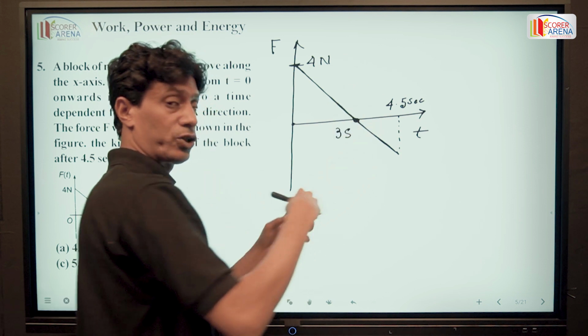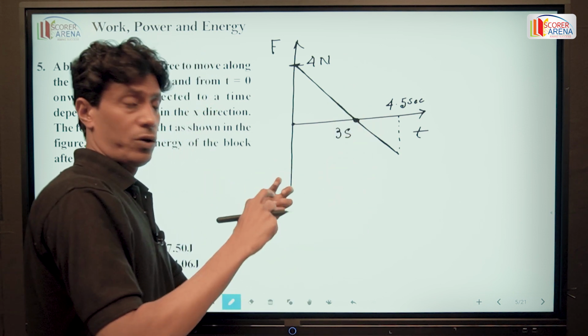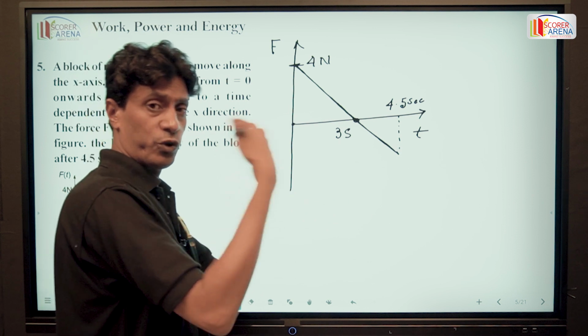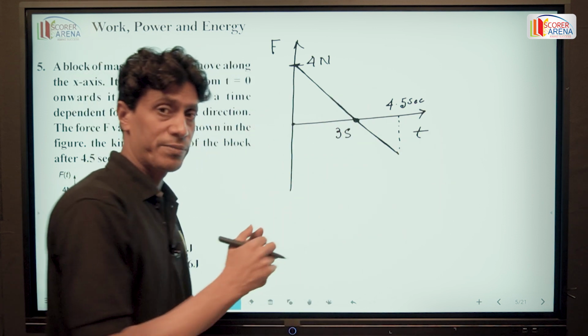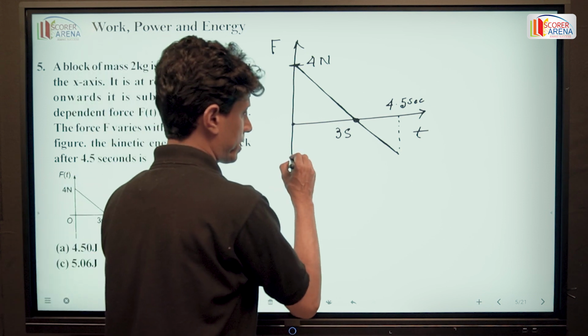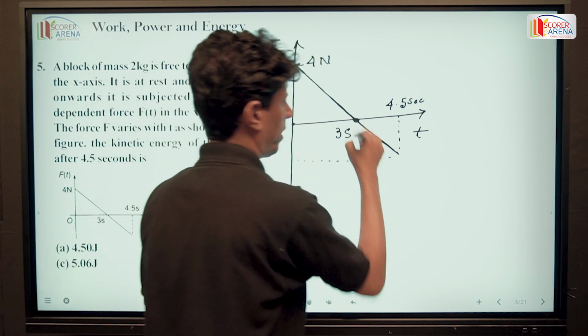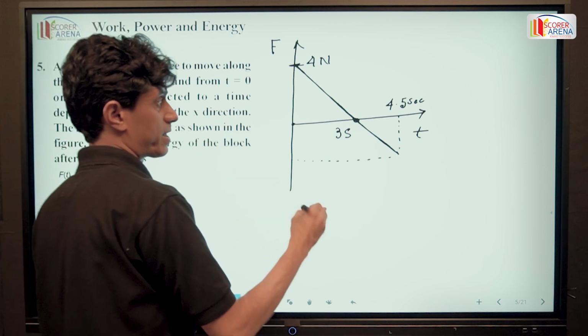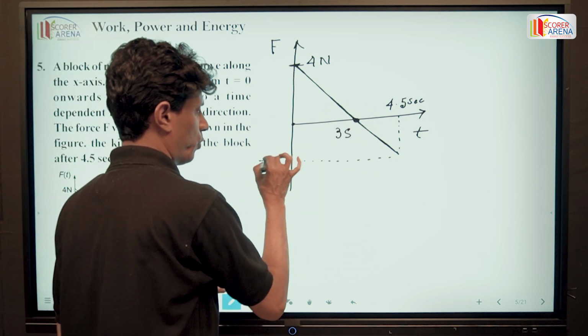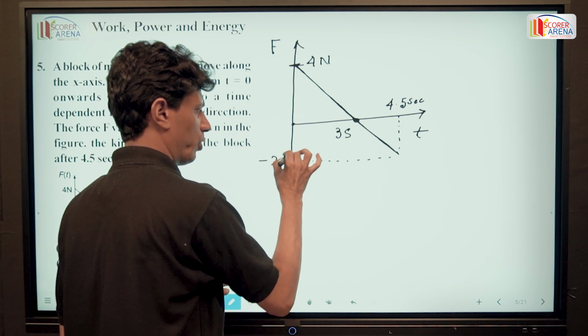Further it continues acting on the body up to 4.5 seconds. So after 3 seconds it is up to a further 1.5 seconds. So by simple calculation we can say the force is minus 2 Newton.